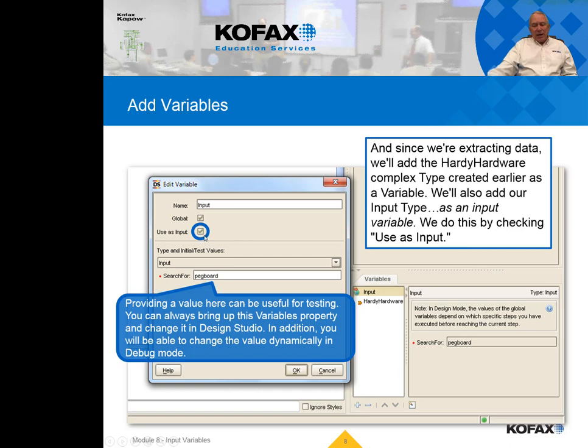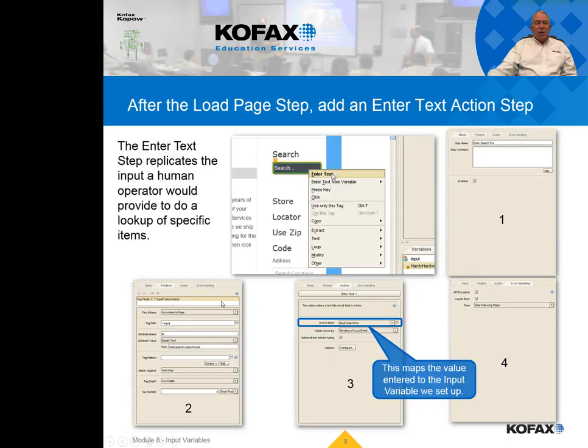But the important thing here is we created this new variable called input. We're going to be using the input type. Okay, if you remember, that's created from our type, and we'll use it as an input variable. All right, and then we're going to start building our robot. And beyond the URL, okay, the first thing we do is we are going to click on that little search box and create what's called an entered text step.